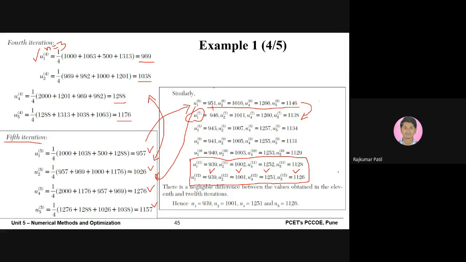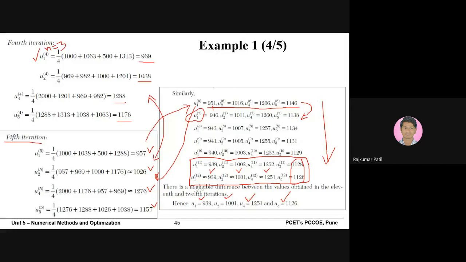So slowly the values are converging and you are reaching towards the best approximate solution. This minor difference we are neglecting, and we are assuming that the solution for this equation is U1 is 939, U2 1001, U4 1251, and U5 1126.